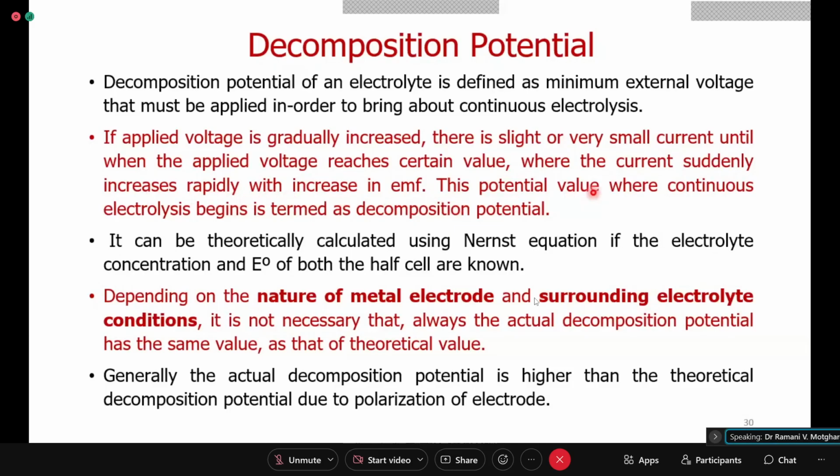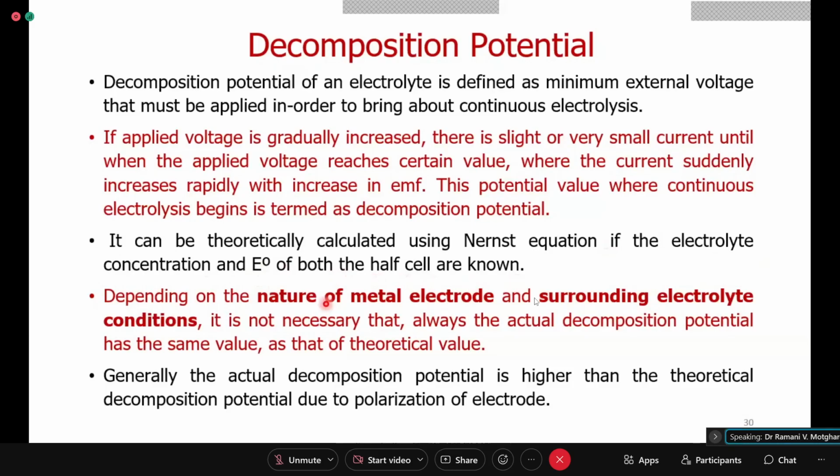This potential value where continuous electrolysis begins is termed as decomposition potential.